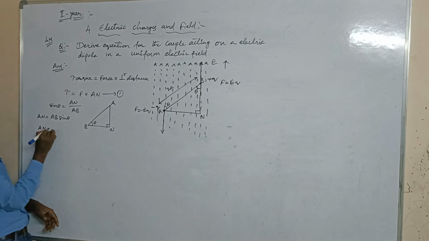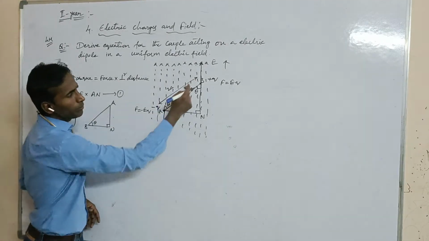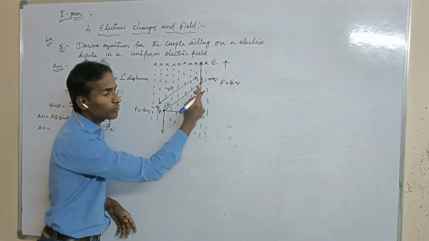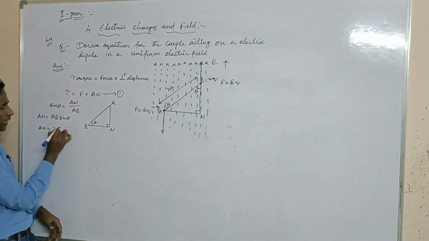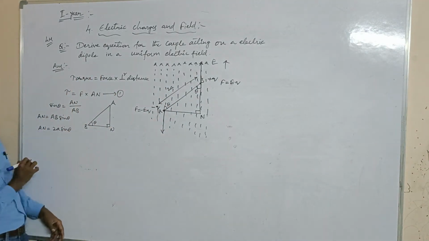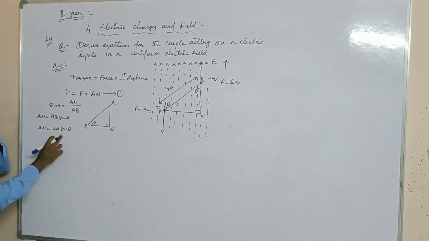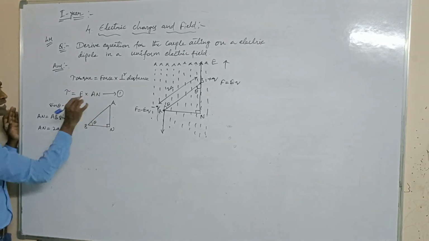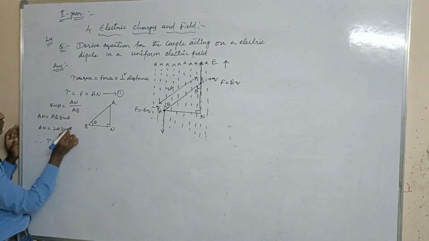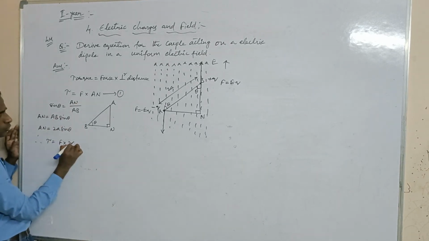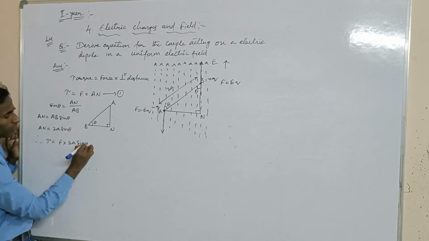Then AN is equal to AB sin theta, where AB is nothing but the distance between the two charges. The distance is 2a, so we can write 2a sin theta. This value we substitute in equation 1. Therefore, tau is equal to force into AN, whose value is 2a sin theta.